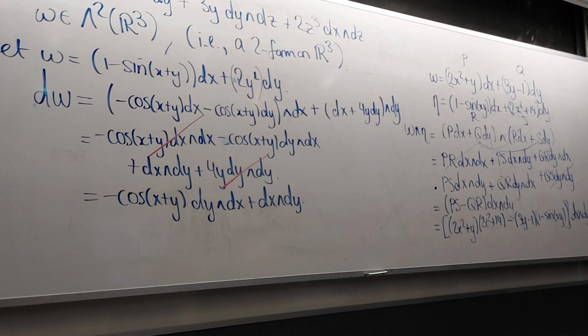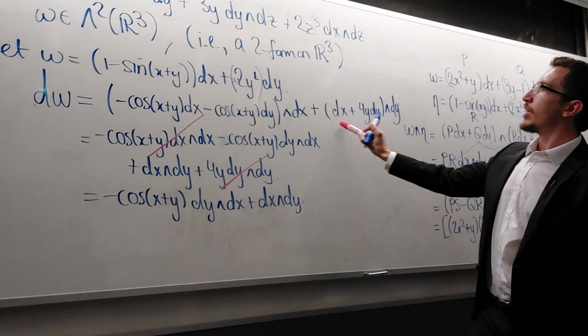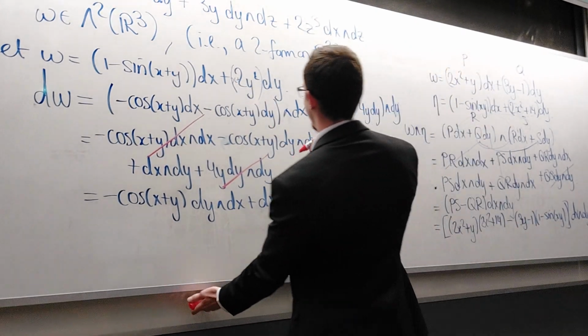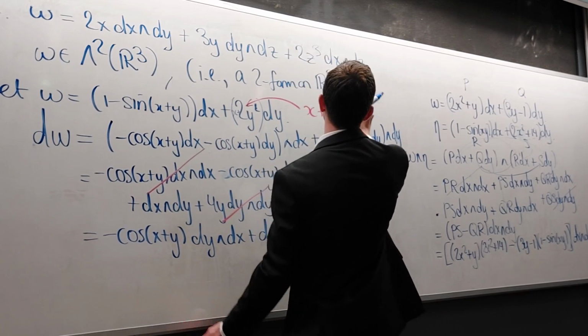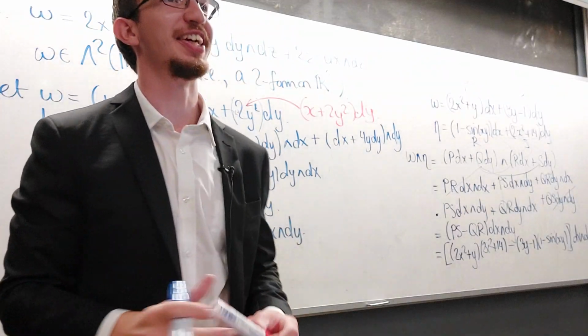I'm just curious about the origins of the dx wedge dy. So when you go d omega equals blah blah, you got the dx in the right brackets. Where did that come from? Here? Is this what you're saying? Oh, there's an x here. Oh, right. I figured that would be the case.